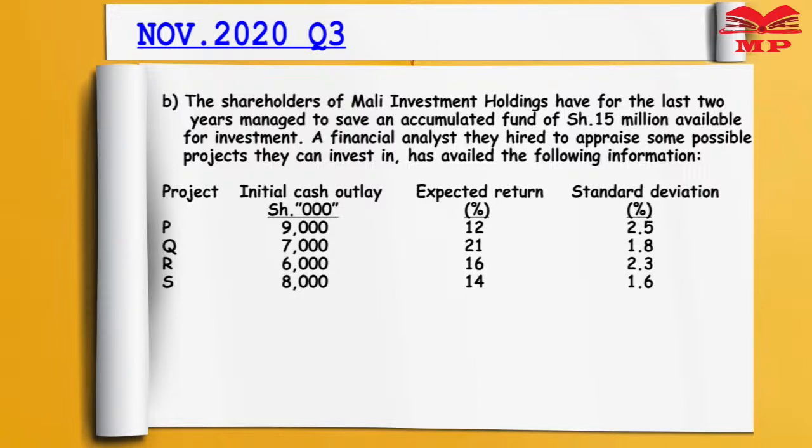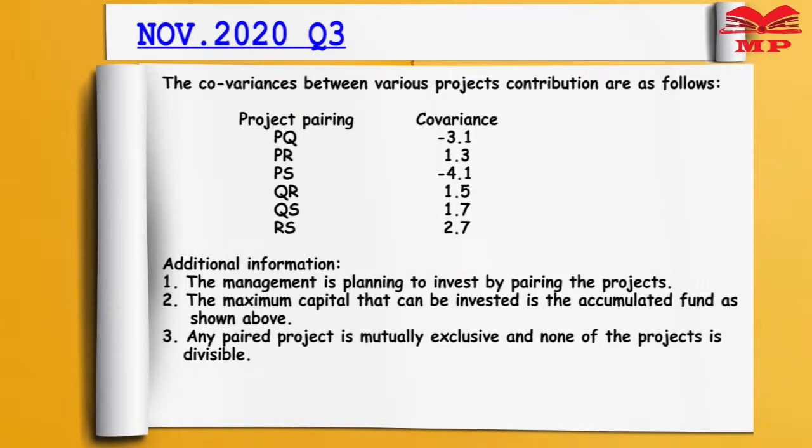Expected return is 12%, 21%, 16%, and 14% respectively. Standard deviation 2.5%, 1.8%, 2.3%, 1.6% respectively. The covariances between various projects' contribution are as follows. Project pairing PQ, the covariance negative 3.1; PR 1.3; PS negative 4.1; QR 1.5; QS 1.7; RS 2.7.